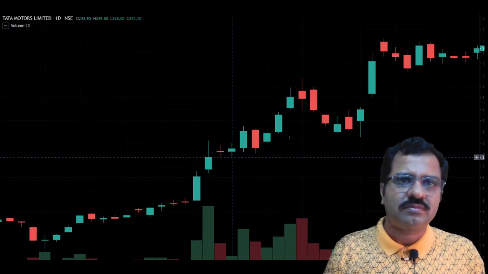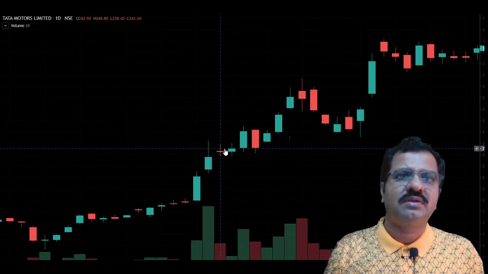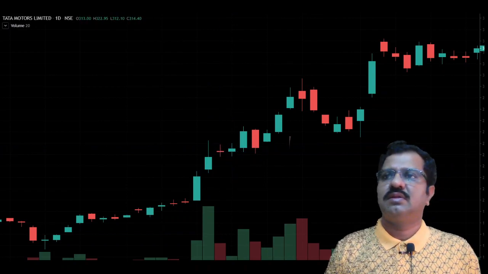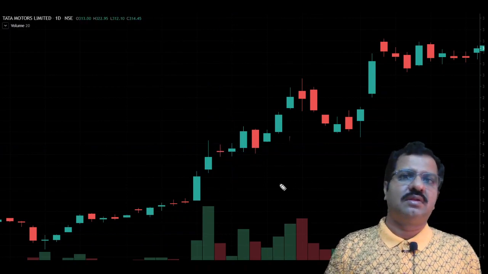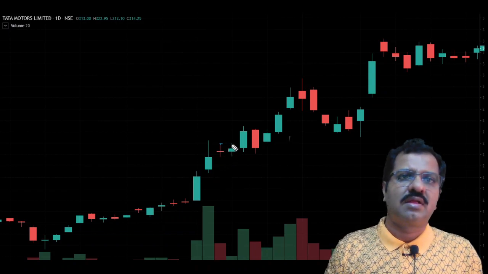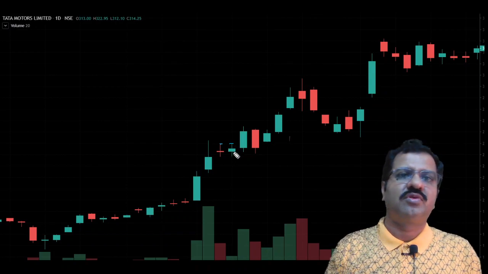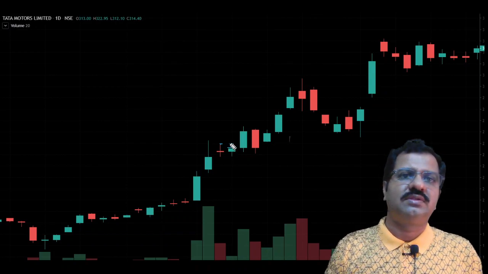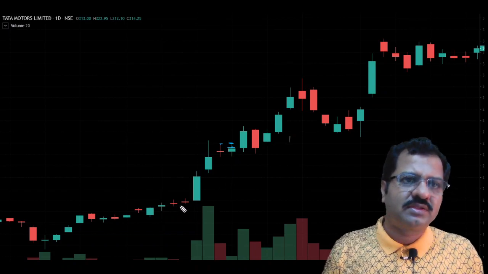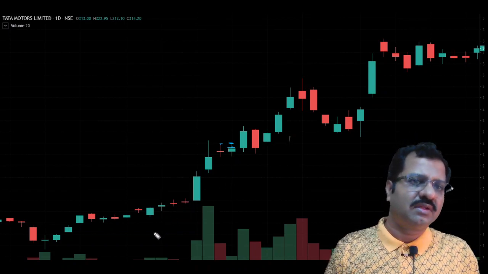Now see this one, this is an insider candle, this is an insider candle, and this high is broken and you faced a small loss. Okay, this I guess is not an insider candle.